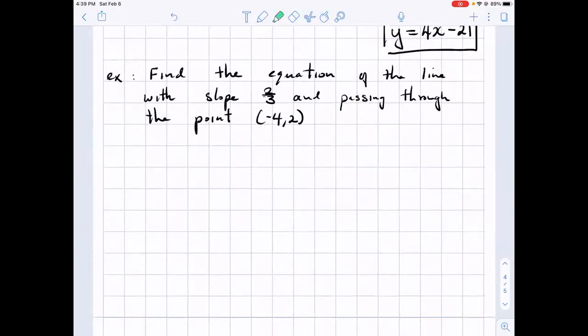So what information is given? Slope is given. So we know that m is equal to two-thirds. Also, a point is given. The point is (-4, 2).